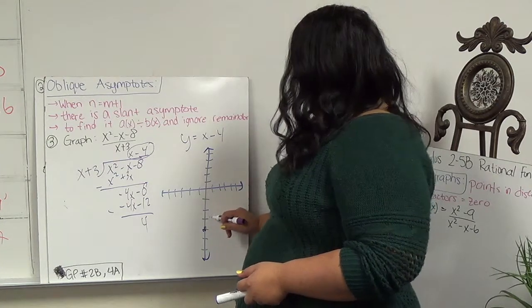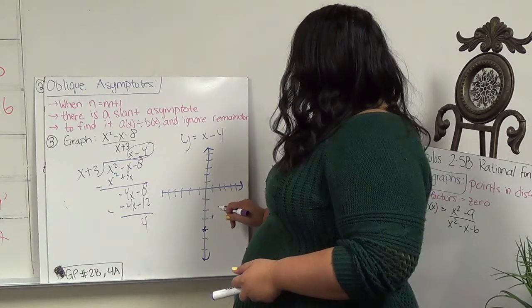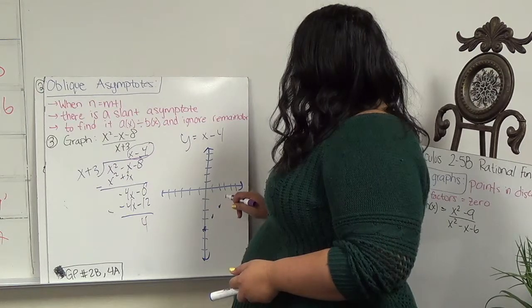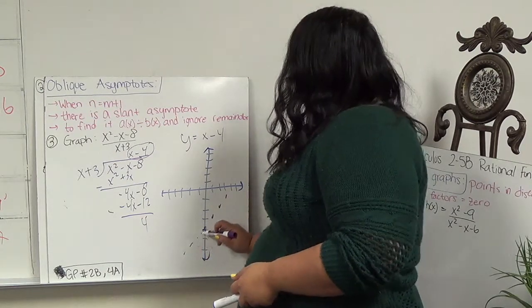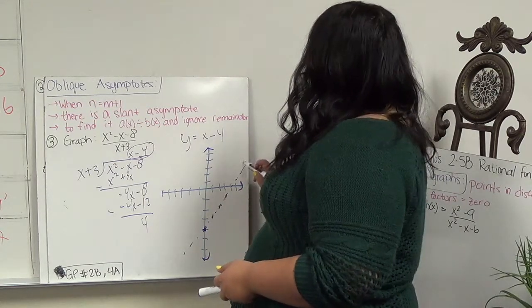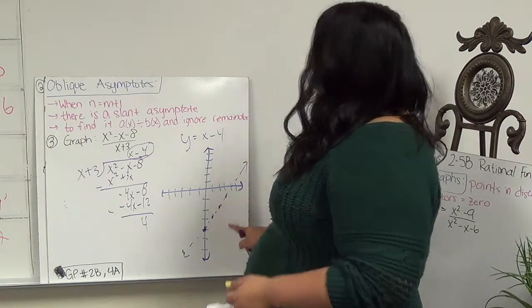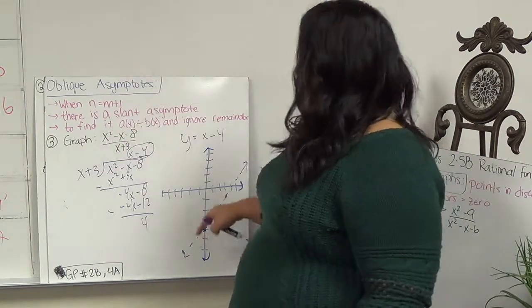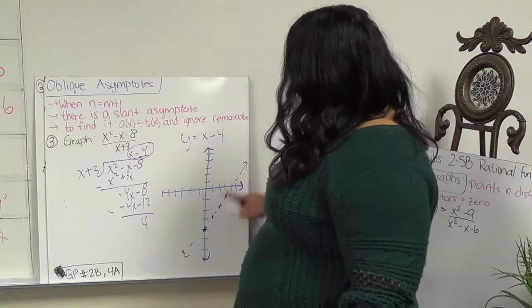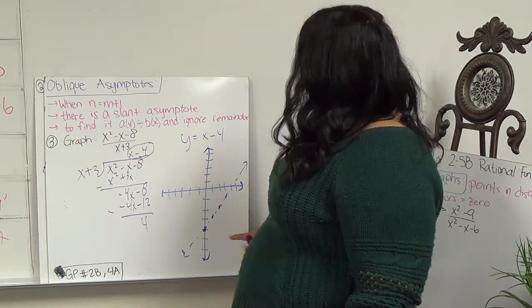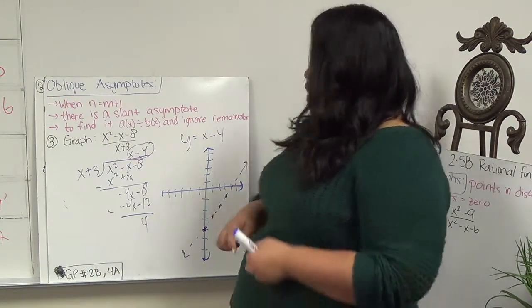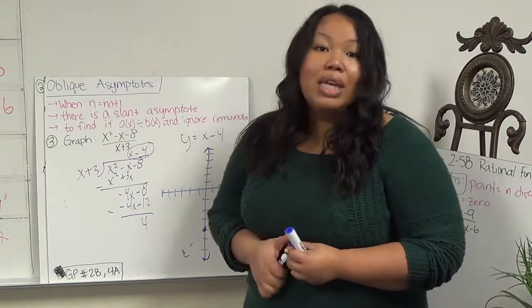And I go up 1 over 1, up 1 over 1, up 1 over 1. There is an asymptote, a slant asymptote here. And then I would just do the same things that I did the last section, but this is also an asymptote so it doesn't touch, and then look for a vertical and horizontal. But that's what they call an oblique asymptote.